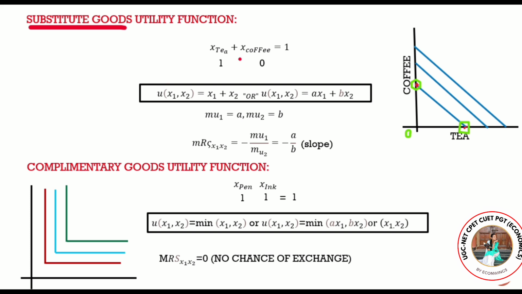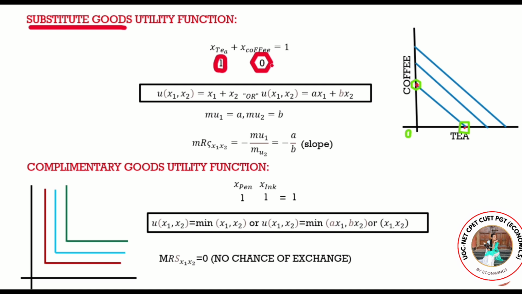A normal person never consumes tea and coffee together, right? If someone drinks coffee right now, then the total utility that he or she gains is totally from coffee and zero from tea. Similarly, if someone drinks tea right now, then the total utility is totally from tea and zero from coffee.